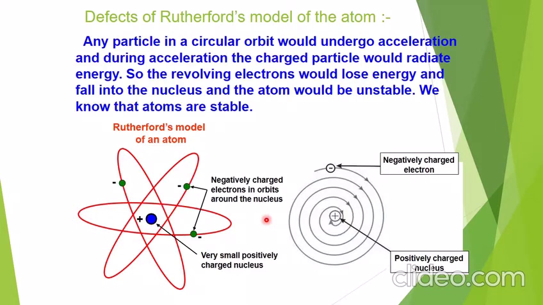It will become unstable in nature. But we know that atoms are stable. So his model could not explain the stability of the energy of the electron. So this was the drawback of the Rutherford model of atom.